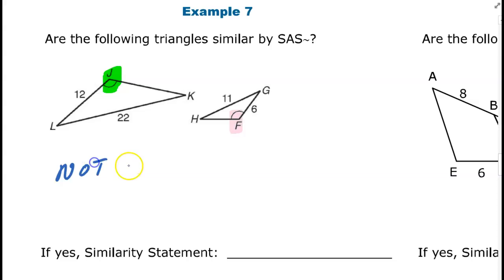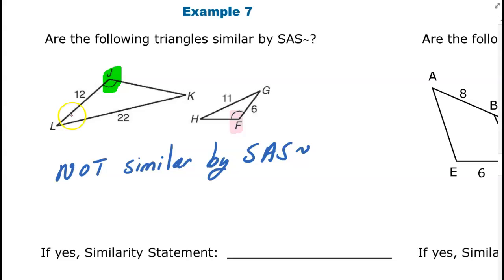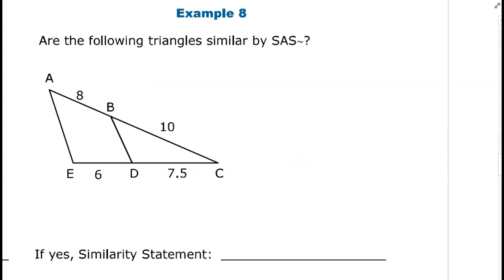So these are not similar by side angle side for similarity. The angle must be the included angle. What I mean by that is I needed to know angle L would be the same as angle G, but that's not given.